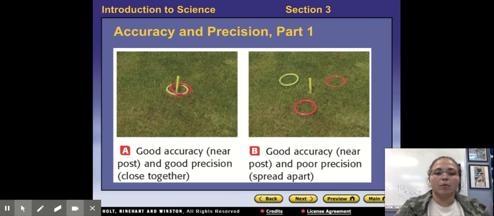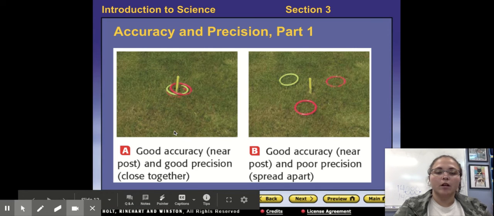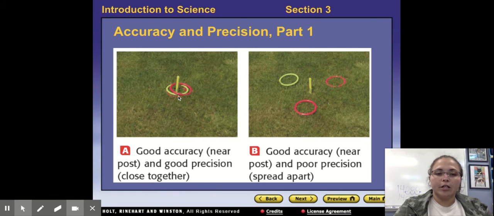So some examples in this first picture of a ring toss game, this person had good accuracy, they were near the target, and good precision because all of their rings were close together. In this next picture, this person had good accuracy. They were close to the target every time, but they had poor precision because their rings are not hitting the same place.